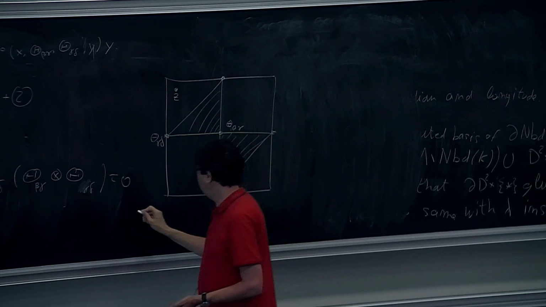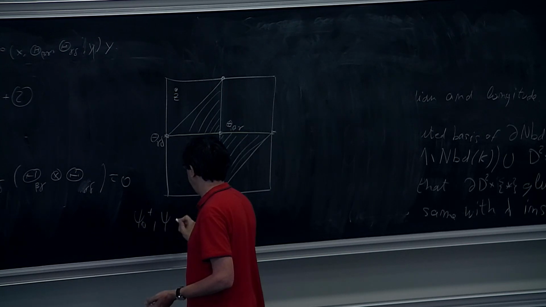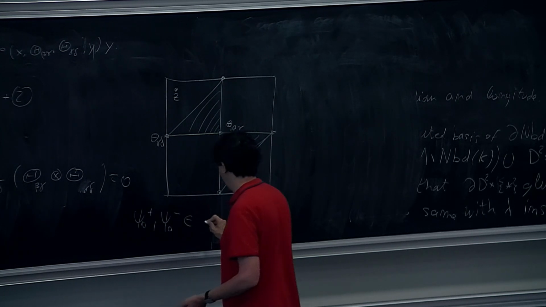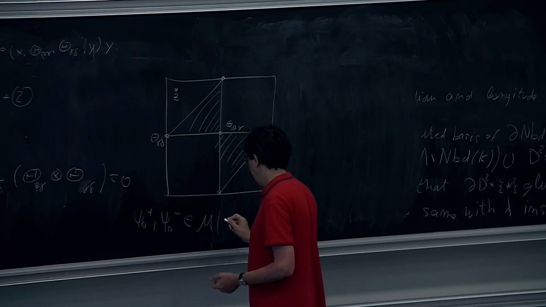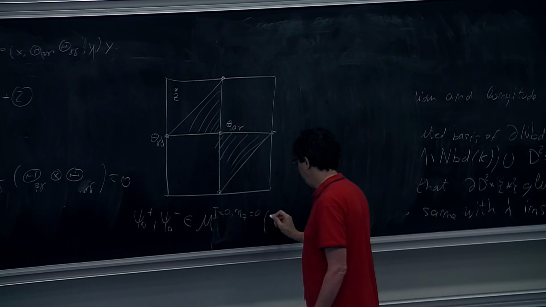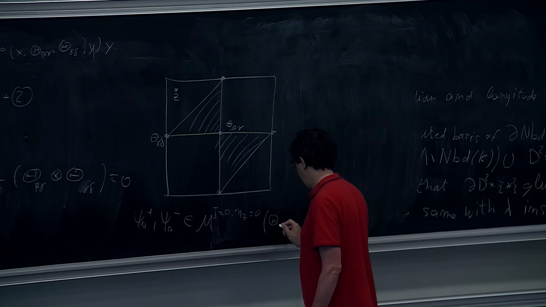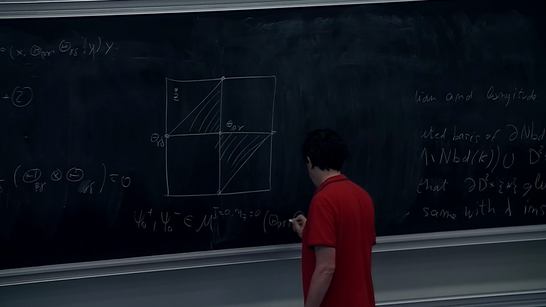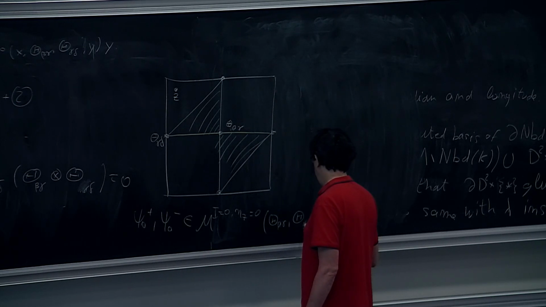So there are two triangles, they call psi0 plus, psi0 minus, that belong to M with index equal to 0 and Z equal to 0, between theta beta gamma, theta gamma delta, theta beta delta.